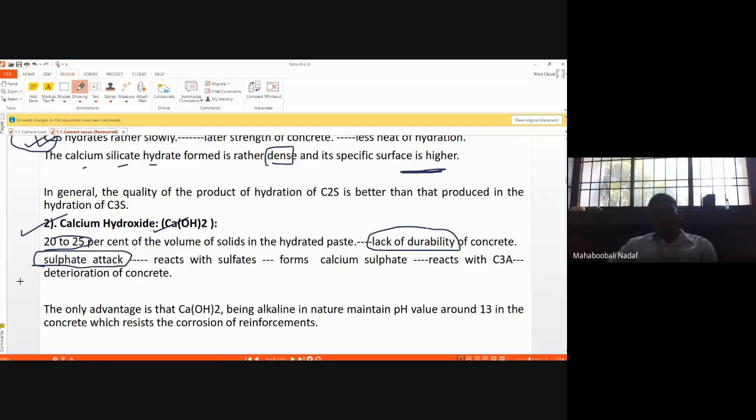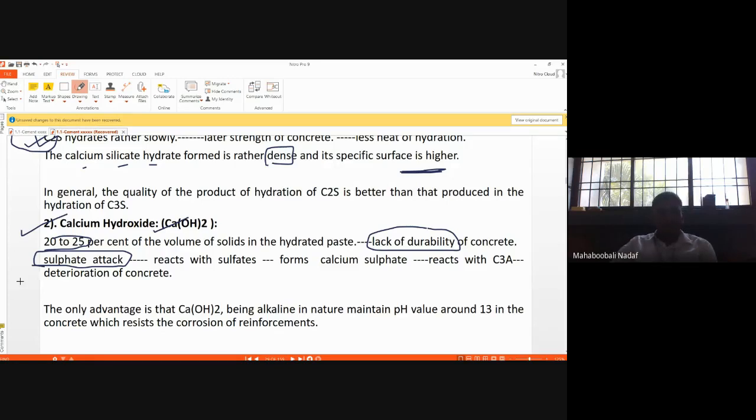If any sulfate content is present nearby, such as in soil, say you are putting concrete in a foundation next to a drainage, the sulfates in the drainage will attack the calcium hydroxide. So that is a problem.